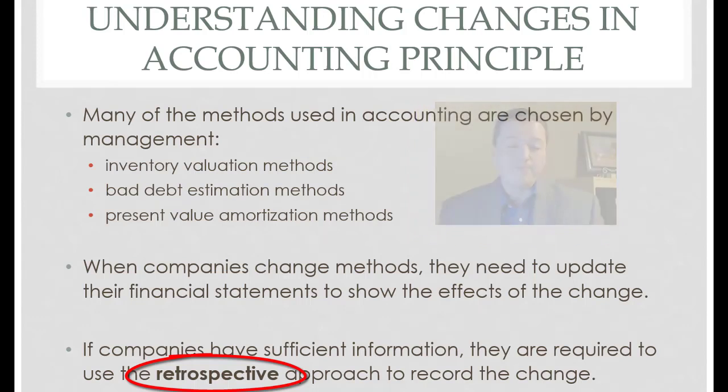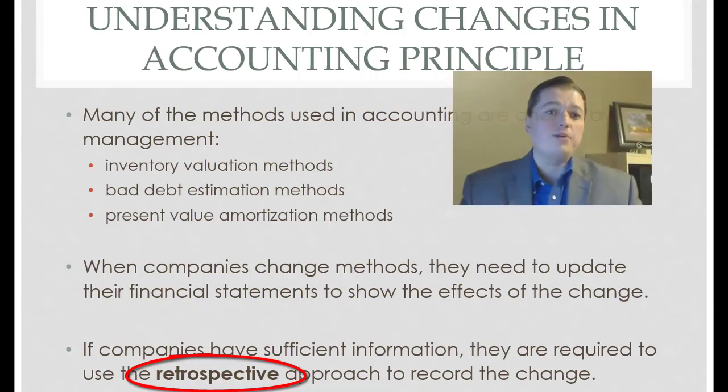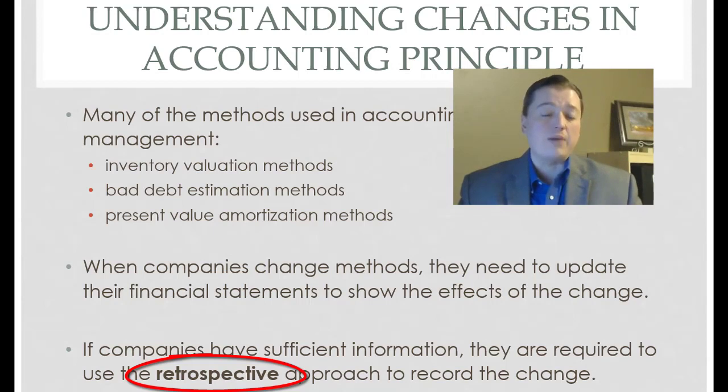And that becomes a rather intense process to change everything from the beginning of your records to the current time. The good news about that is it keeps companies from making changes without a really good reason. It also has made FASB change some of these rules on certain methods that do get changed relatively frequently because they don't want it to be too burdensome. The bad news is that it also makes companies really reticent to accept FASB's pronouncements. And a lot of the fight against changes in GAAP are because companies don't want to have to make these kind of big changes.